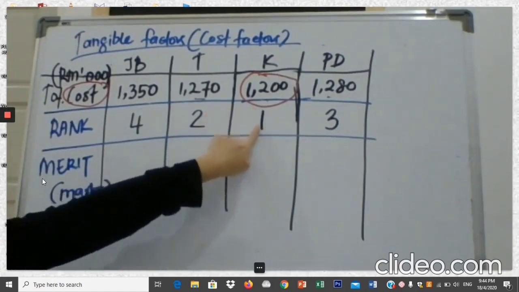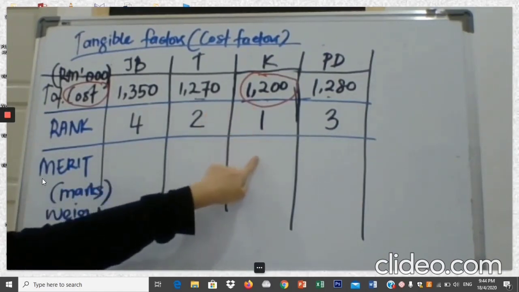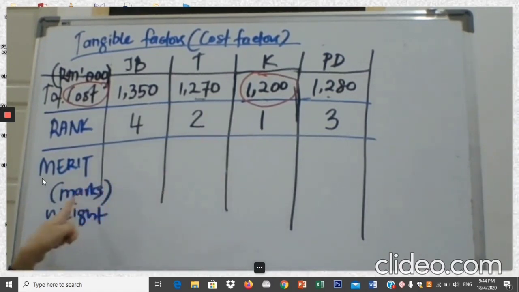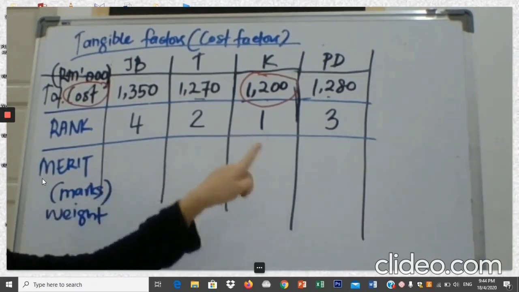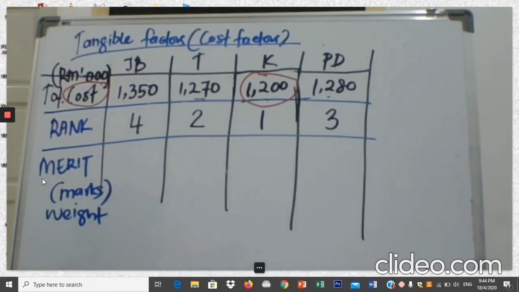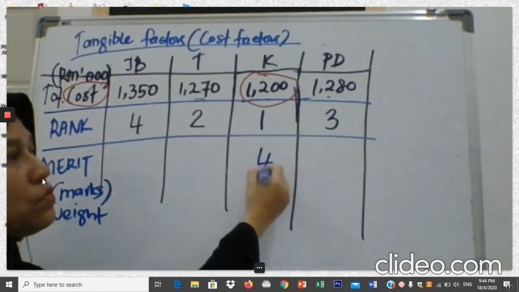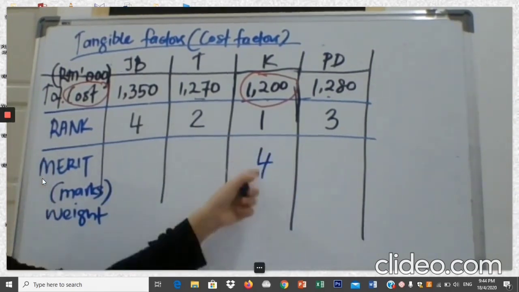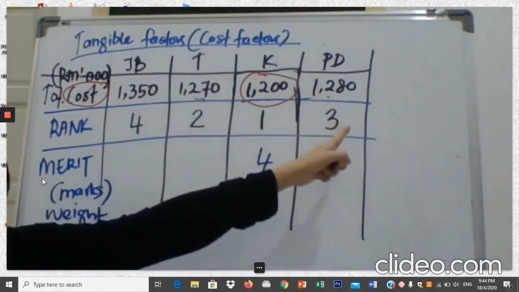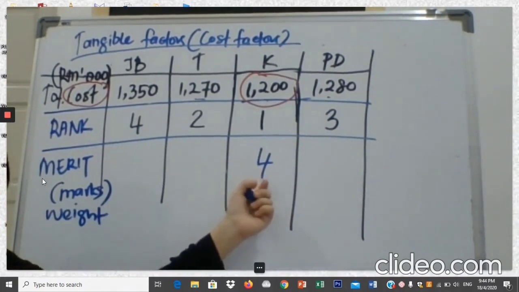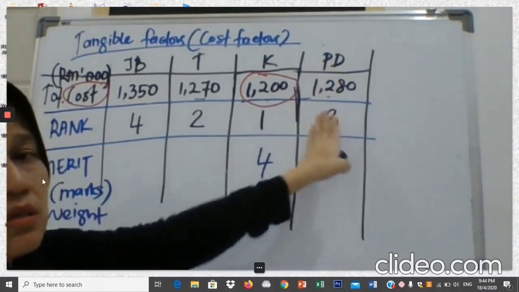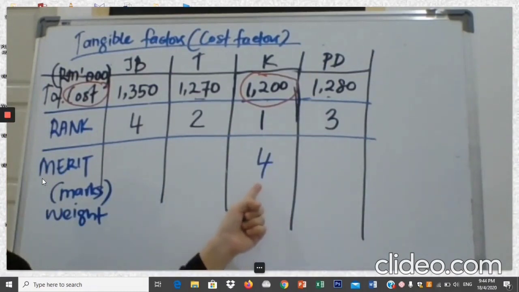Just now you assigned the best location with the lowest cost as rank number 1. So start with the first rank, the best, and assign the merit, which is the marks. Normally the one with the best rank number 1 must be given the highest mark. The highest mark here is 4. Why 4? Because we have only 4 locations. When we have 4 locations, 4 marks is the highest. If you have only 3 locations, then 3 is the highest mark.